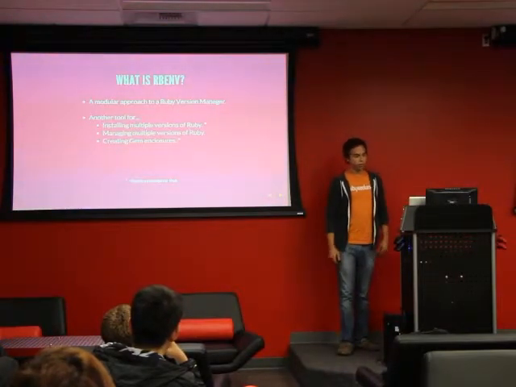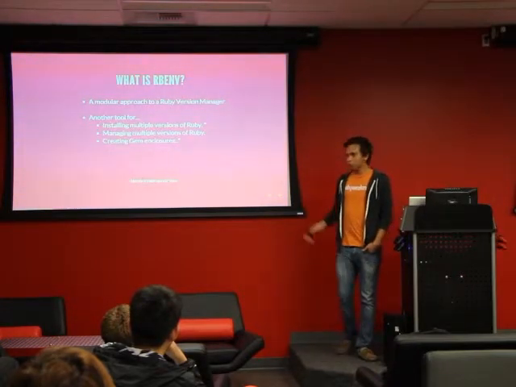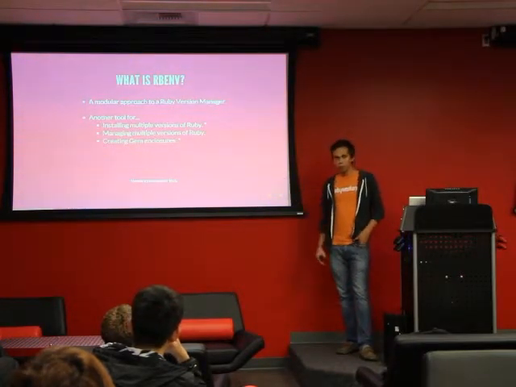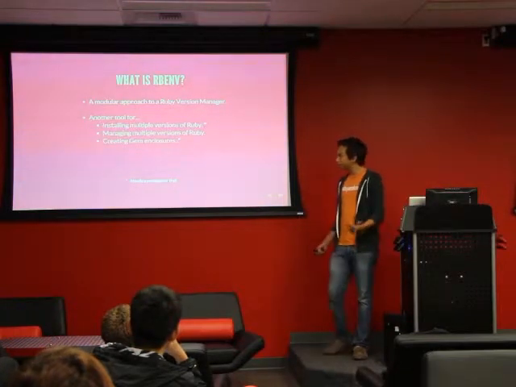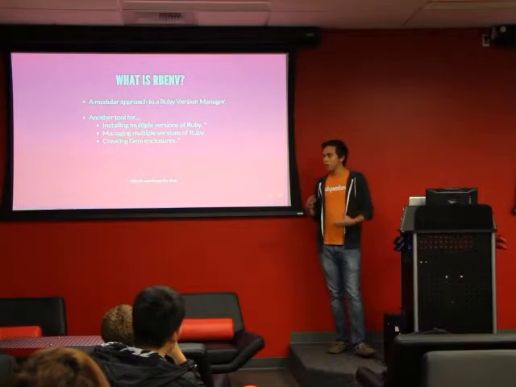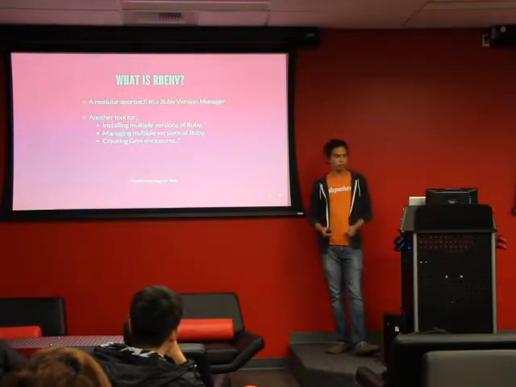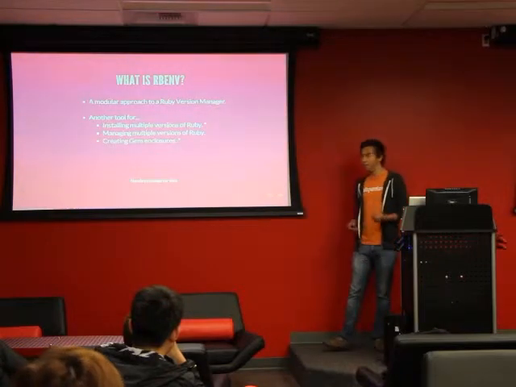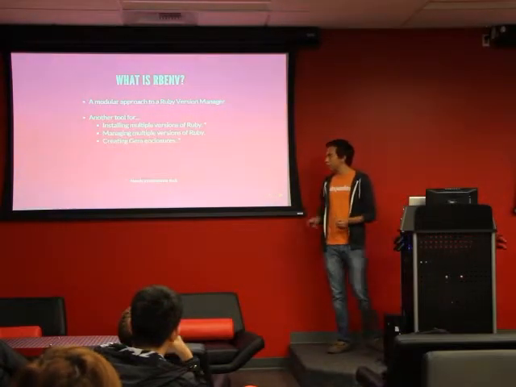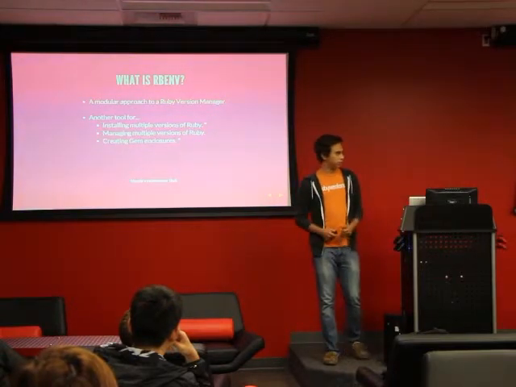And then the next thing would be, okay, well, we have RVM, or Environment Manager. What is rbenv? And why is it useful in this case? Well, you could say that one of the major differences between these two is that it's a more modular approach to a version manager versus RVM that tries to do it all. Basically, shortly put, it's another tool used to install, manage, and create gem enclosures.